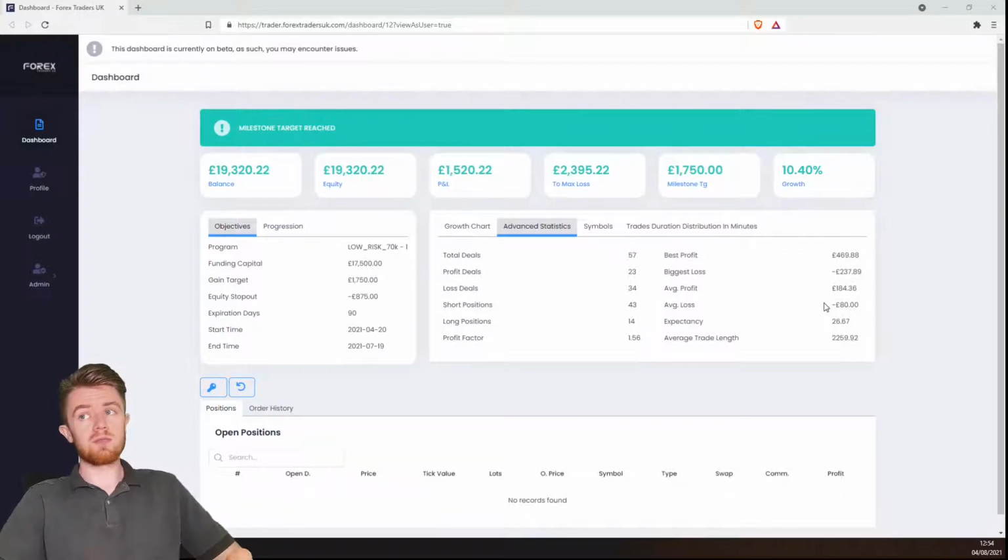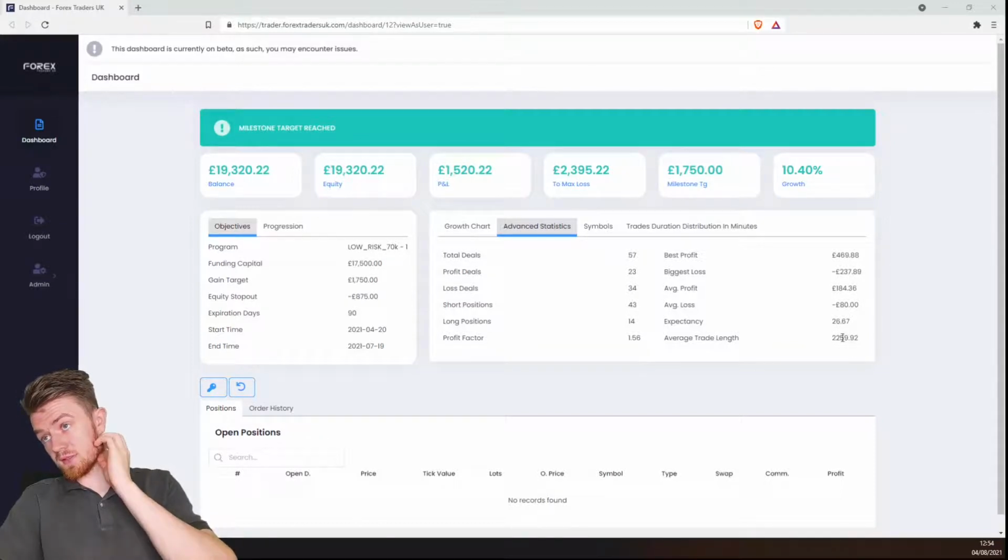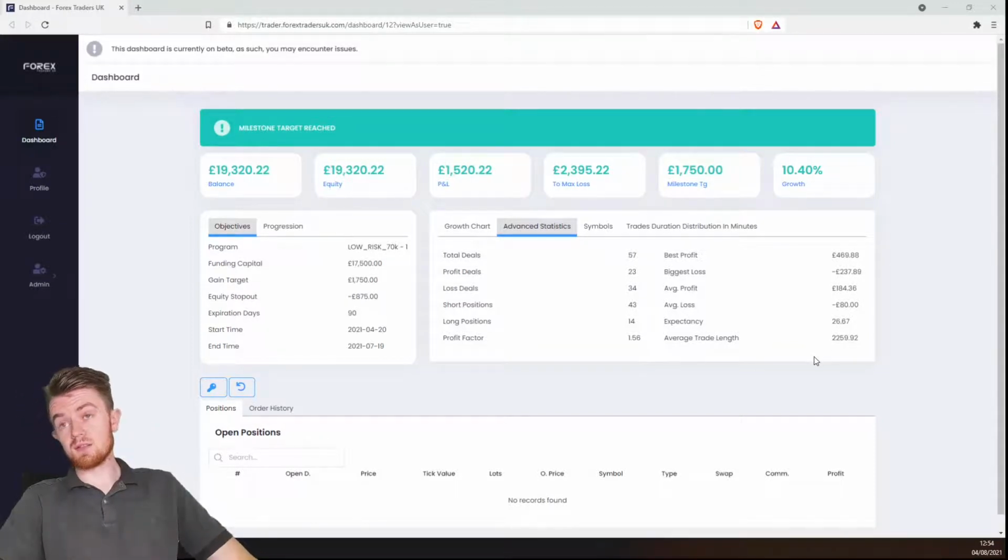So this trader is doing very well in terms of that. Expectancy is just above 20, so this trader has very calculated risk to reward ratios, a good risk plan, and keeps control of their risk management overall.